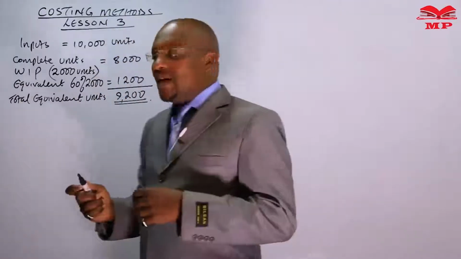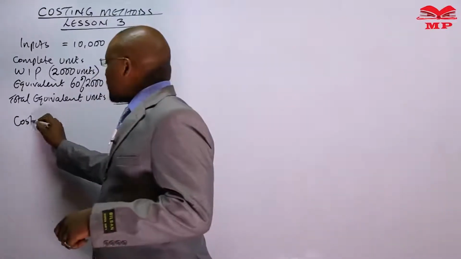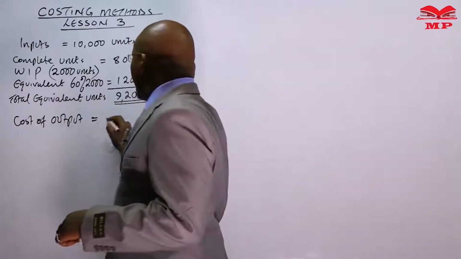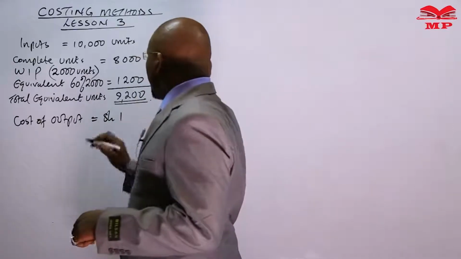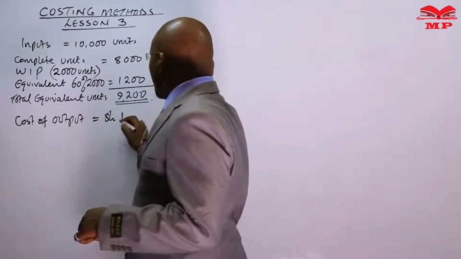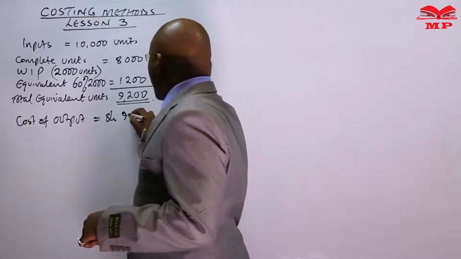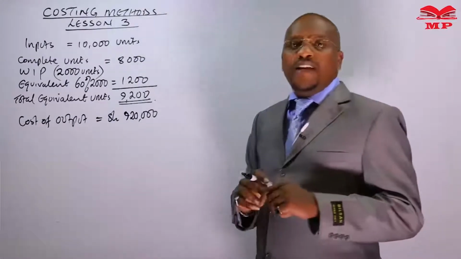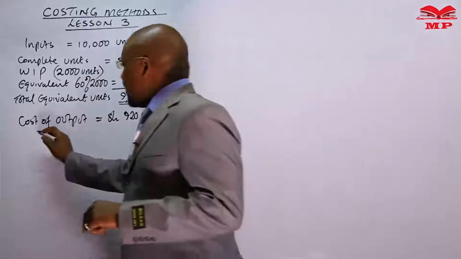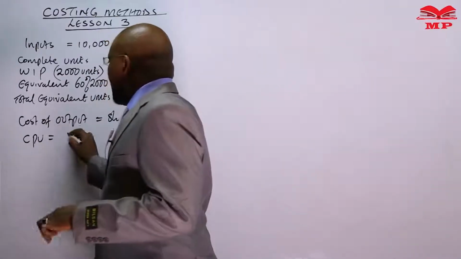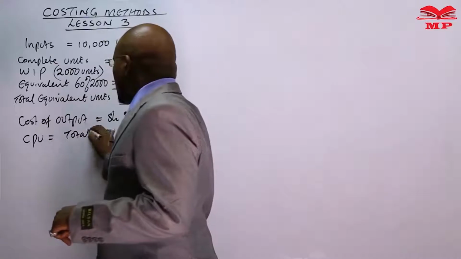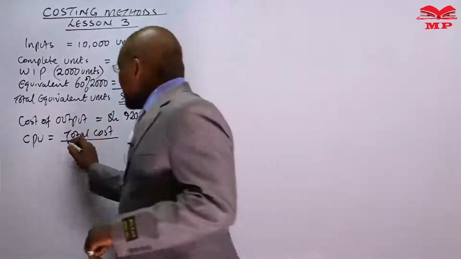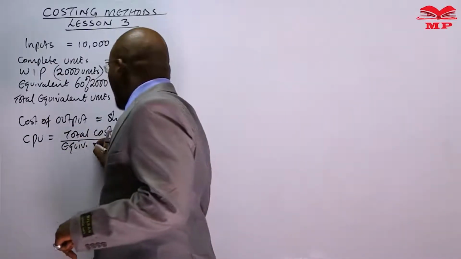Now, just as an example, suppose we have the cost of output. If the cost of output is, let's say, shillings 920,000, and you want to know the cost per unit, then the cost per unit is the total cost divided not by the total output but by the equivalent units.